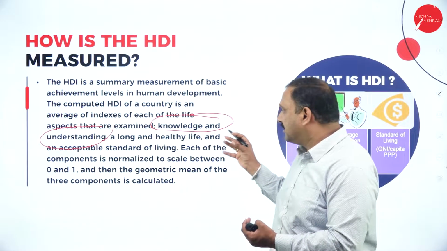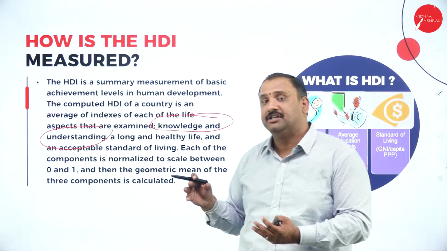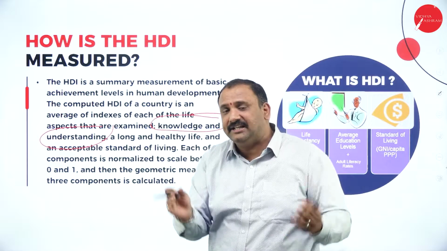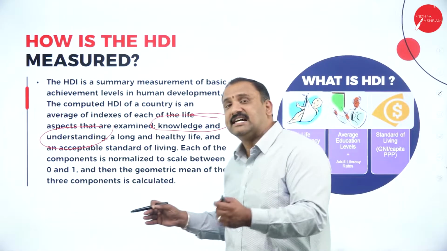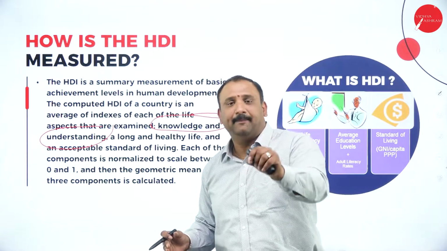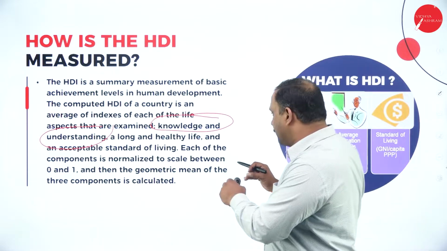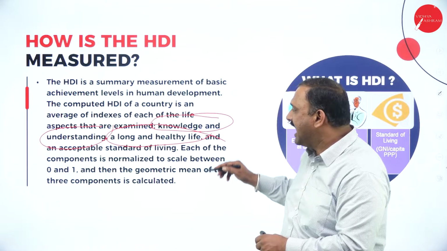So this factor of knowledge and understanding is not just from educational qualification. It's also from understanding nature, and the surroundings and environment where you live. So this factor is a serious one which is going to evaluate deeply each and every citizen and their understanding towards a nation.